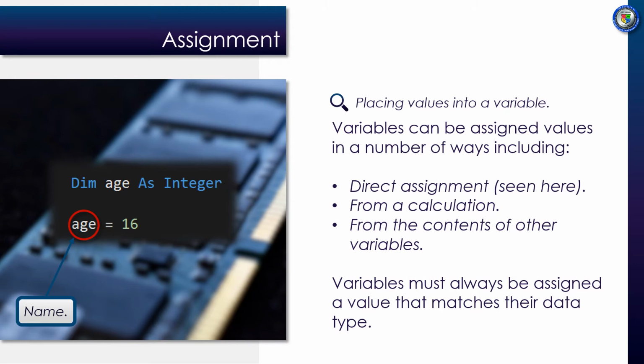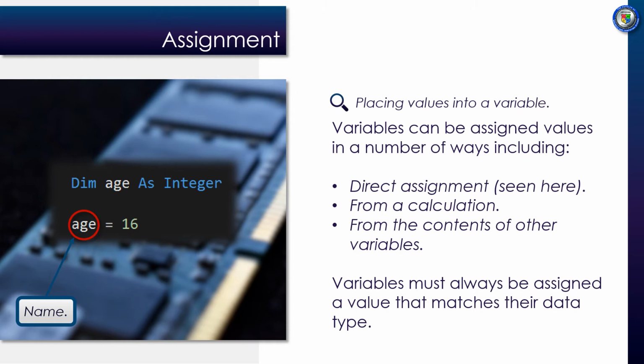Variables always have to be assigned a value that matches their data type. For example, a variable declared as an integer, as we see here, must always be assigned a whole number. Again, in our example, we have a variable declared as dim age as integer.